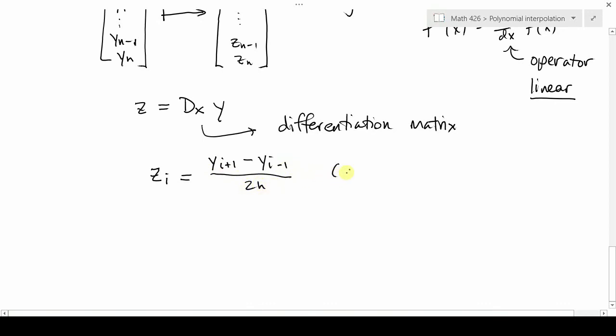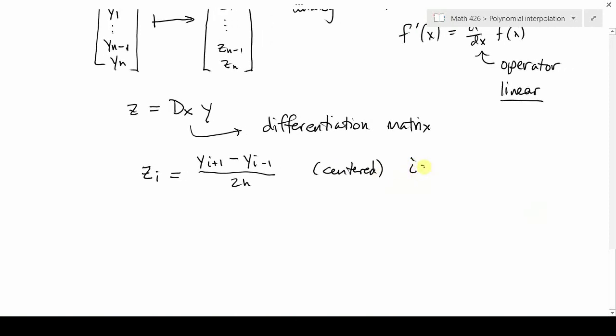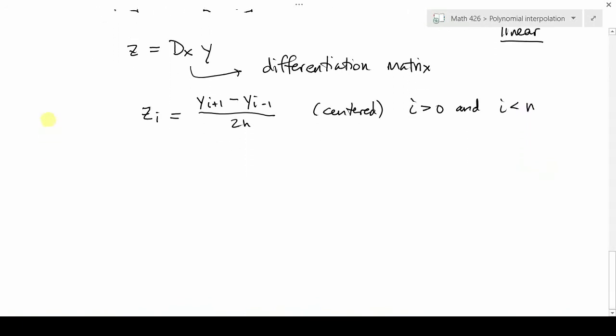That would be centered. But I can't use that when i is equal to 0 or i is equal to n. I'd be accessing a value that doesn't exist. And so I'm forced to use something which is either forward or backward, what we would call one-sided at the boundaries. So I'll just make the best that I can out of it.